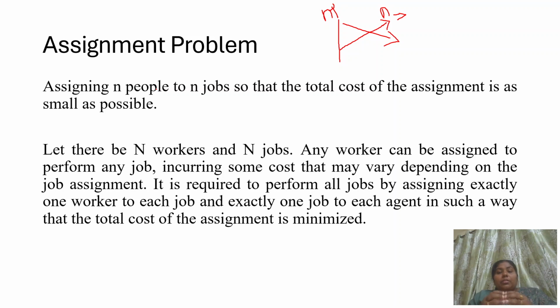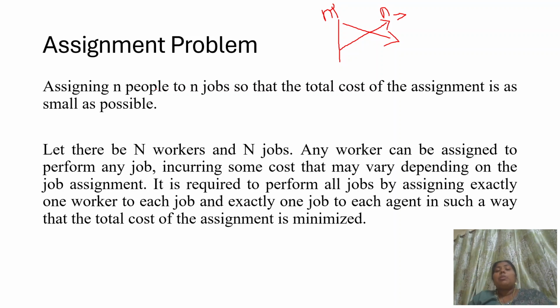We can assign P1 to job 1, P2 to job 2, P3 to job 3, but we have to determine the cost. The assignment that gives the minimum cost will be taken into consideration. That is called an assignment problem.